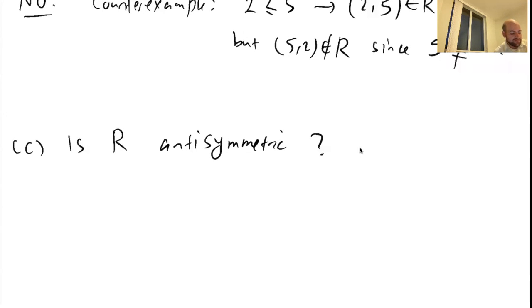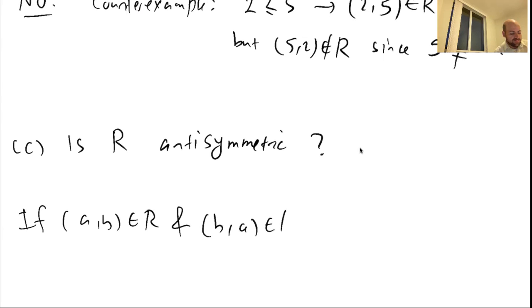Means if (A, B) is in R, and (B, A) is in R, can we conclude A equals B? If the answer is yes, this is the definition of antisymmetry. If (A, B) is in R and (B, A) is in R, then A must be equal to B. Can we say this is true? Yes.